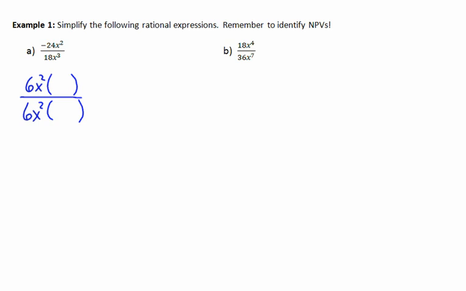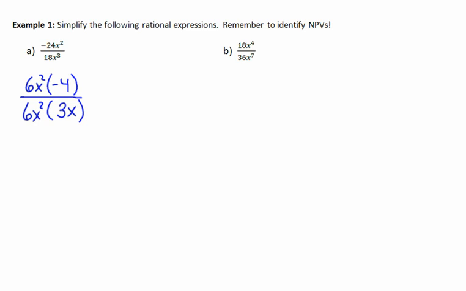Negative 4, and then we already have the x. So if you multiply these together, would it be your original? Yeah. Okay, what times 6x squared would give you 18x cubed? 3 and an x.